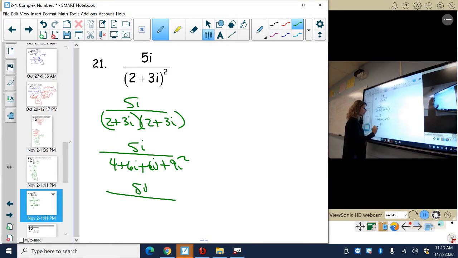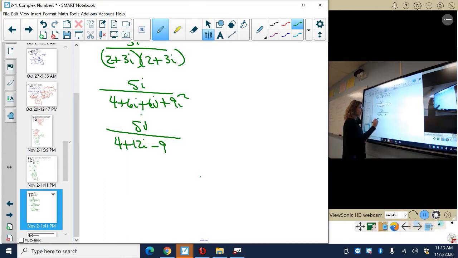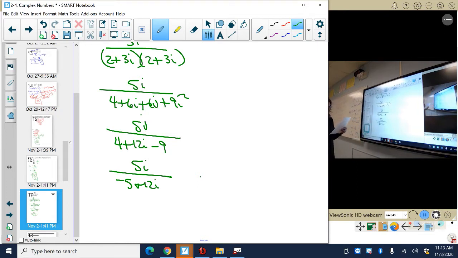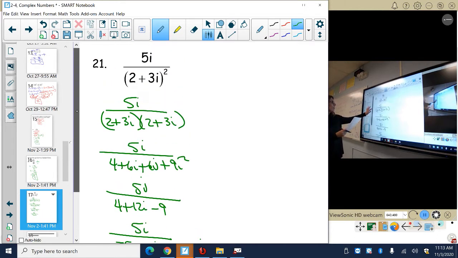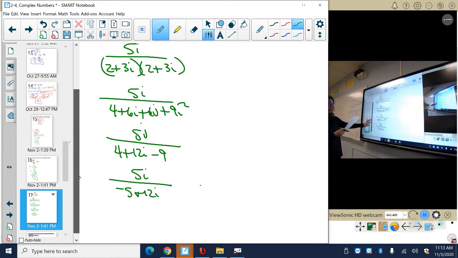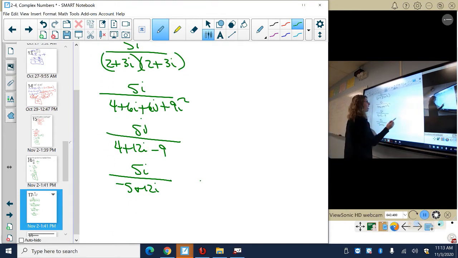That's going to be 4 plus 12i minus 9, to give me 5i over negative 5 plus 12i. But we're not done with that, because then we have to go ahead and multiply by its conjugate. So the conjugate of that is going to be multiplying by negative 5 minus 12i.